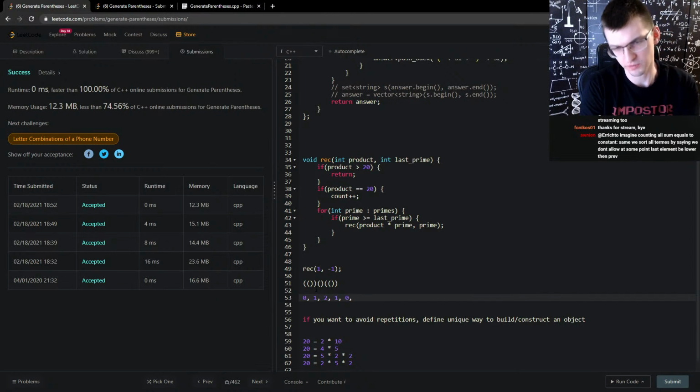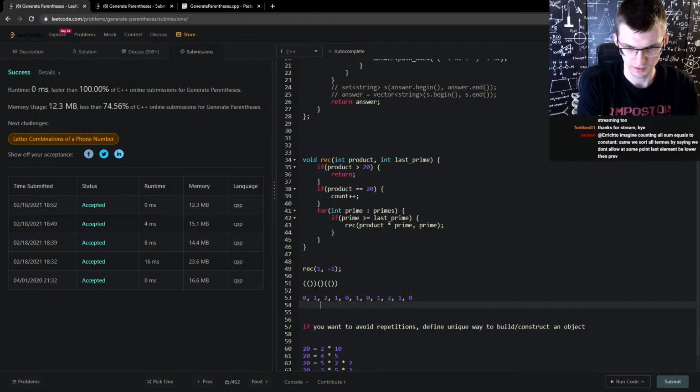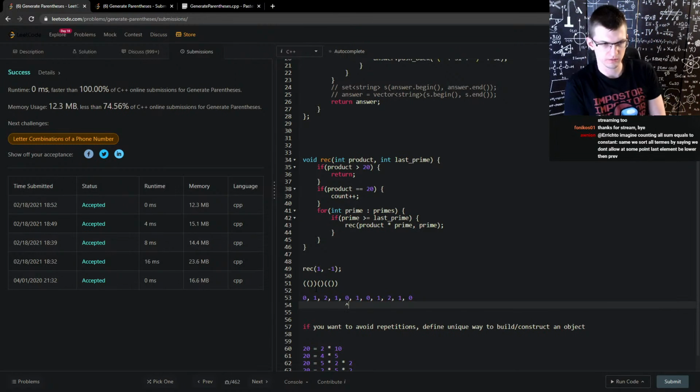We increase by 1 when we open a bracket, decrease by 1 when we close one. And here is this moment with 0. Imagine counting all sums equal to a constant. Same, we sort all terms by saying we don't allow at some point the last element to be lower than the previous.